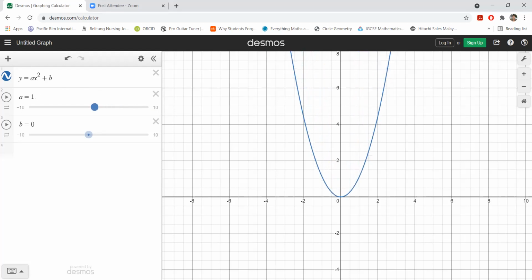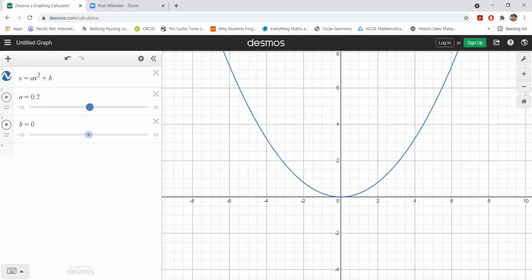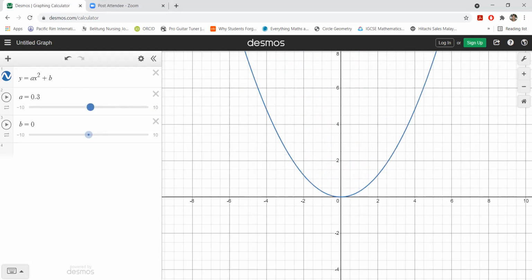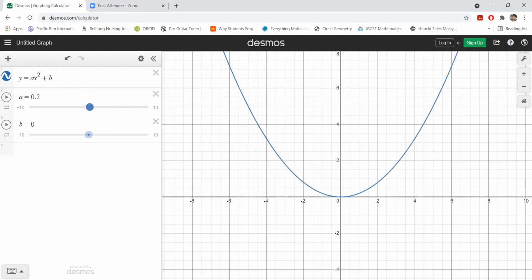But when we come back down, we'll go back to 1. And now 1 is there, but then we go less than 1. It's getting wider and wider now, isn't it? So it's approaching 0. So what happens when we get to 0? 0.3, 0.2, 0.1. But if you go to 0, a will be 0, won't it?